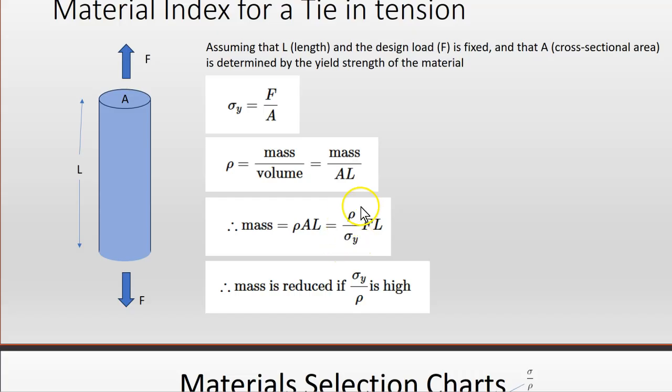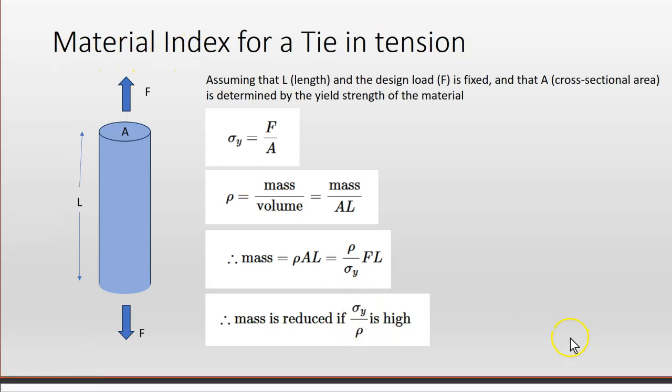Rho over sigma y is the part of this expression that is dependent only on the material chosen for the application. As we want to minimize mass, we want to maximize the ratio of sigma y over rho. This ratio here is called the material index for our application.